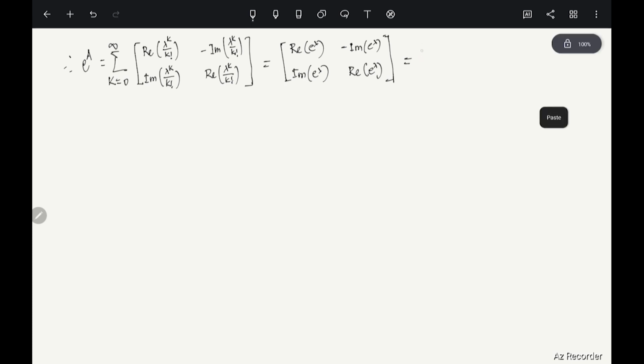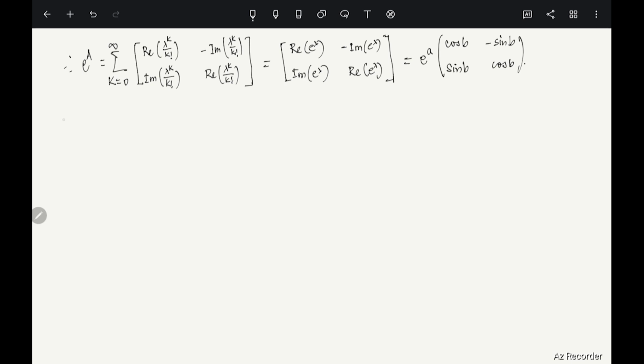So everywhere e power a, I will write it like this: e power a times cosine b, minus sine b, sine b, and cosine b. So what is exponential a? This is given by this. Clear? Now again this is one way of doing some exponential. This is not a straightforward way. We'll look at many other ways to calculate exponentials, but this is just an example of some easy calculations.